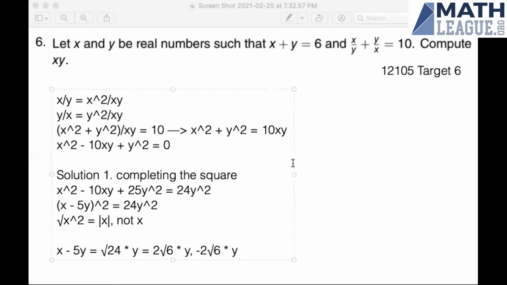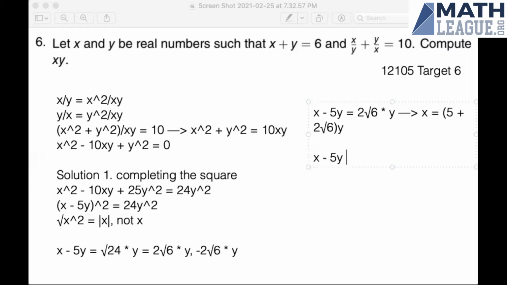And now we have to solve these two equations separately. x minus 5y equals 2 root 6 times y, and x minus 5y equals negative 2 root 6 times y, to obtain x equals 5 plus 2 root 6 times y, and also x equals 5 minus 2 root 6 times y, respectively, right?